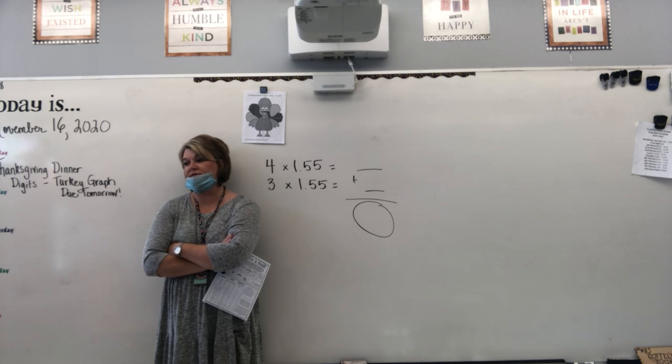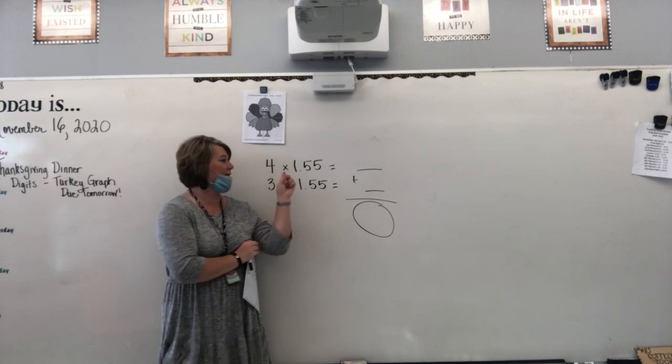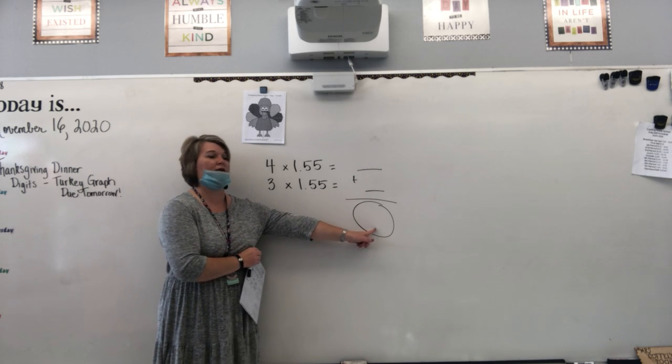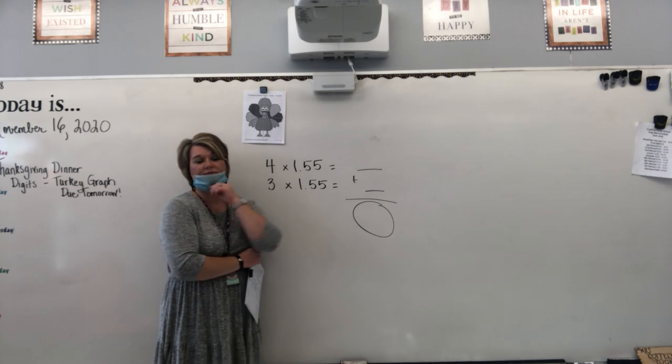You should have done the adults times 1.55, the kids times 1.55, then added those together and got a final total.